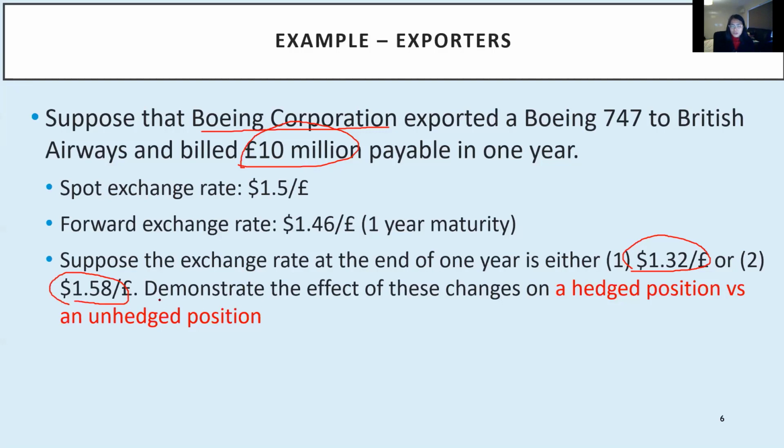The question asks us to demonstrate the effect of these changes on a hedged versus an unhedged position, okay? For this exercise, you're going to look at the hedged position and an unhedged position, and for each of these cases, you need to tell me what is the outcome of each of the positions, okay?